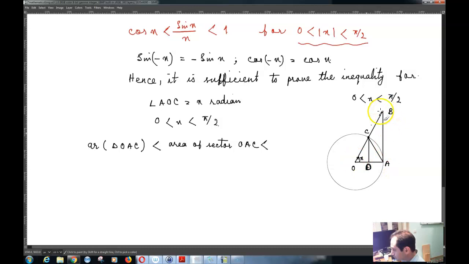Triangle OAB is this big triangle over here.